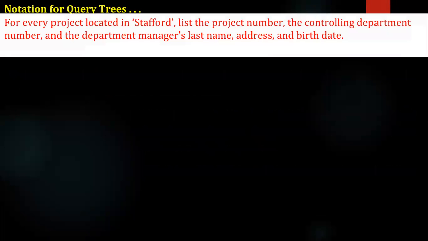So now for example, here I have a relational algebra expression to find the projects which are located in Stafford. I want to list the project number and the department which controls that project, the manager of the department, and specify last name, address, and birth date of the manager who is controlling the project handled by this department located at Stafford.